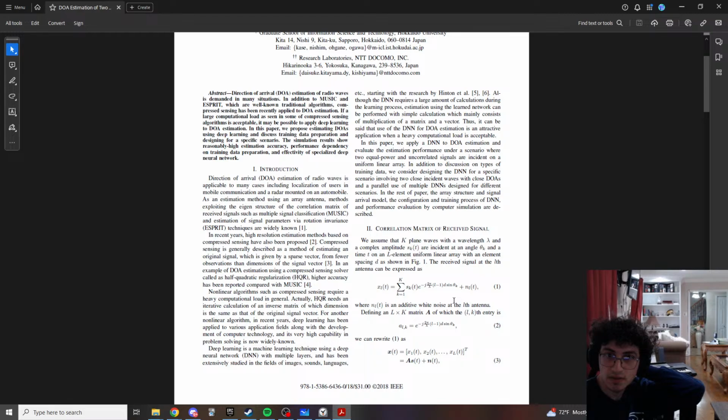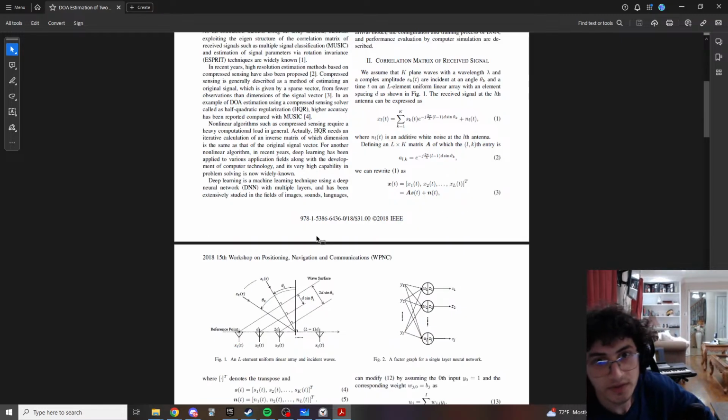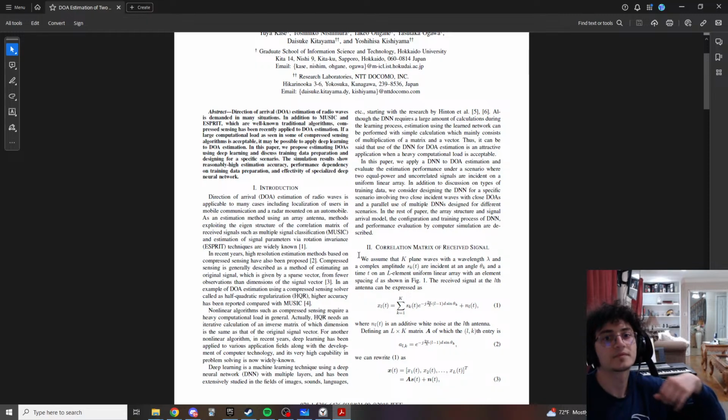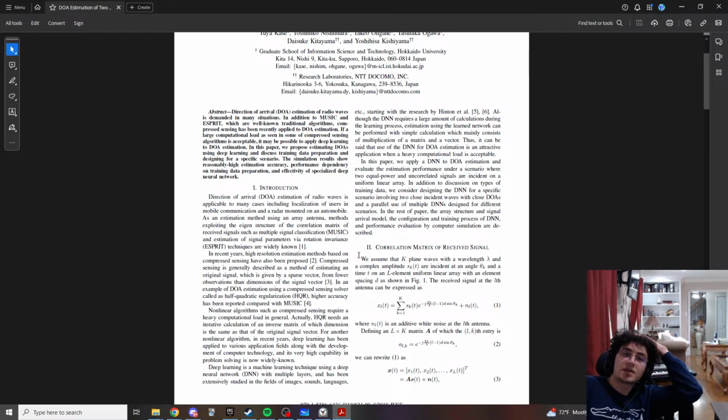What does this say? Direction of arrival estimation of radio relay is applicable to many cases, including localization of users in mobile communication and radar mounted on an automobile.